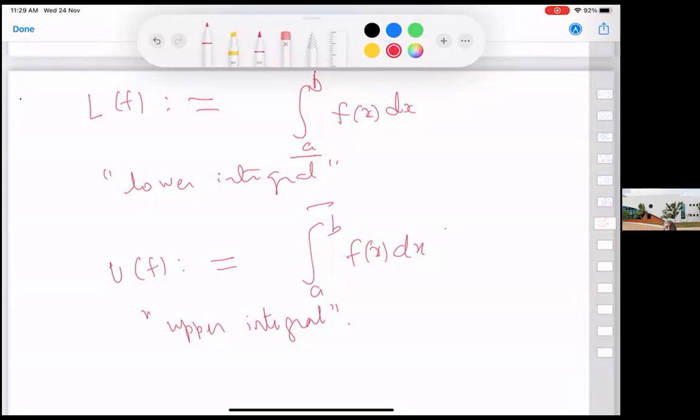That will be our statement. We'll prove it. But before that, let's get hold of examples where upper and lower bounds don't agree.